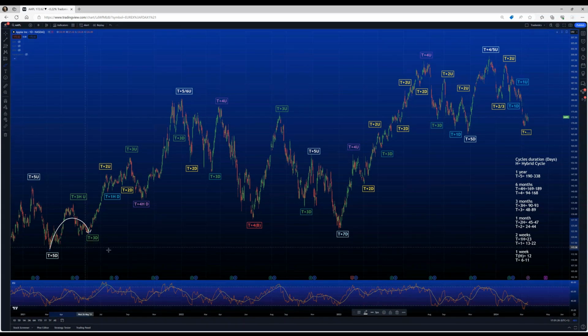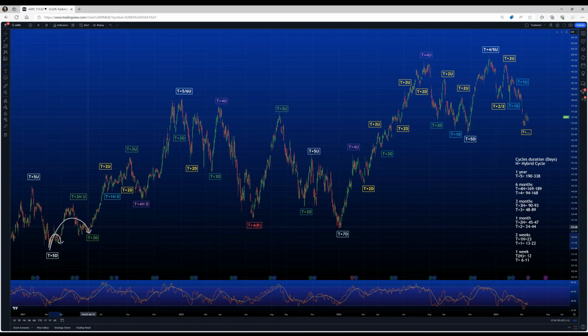That must be higher compared to the lower point reached. So graphically speaking, here we have a T plus 1. All the bars encompassed in this T plus 1 are higher compared to this lower price of $114. Therefore, here we have the sufficient and necessary condition to have a T plus 3.